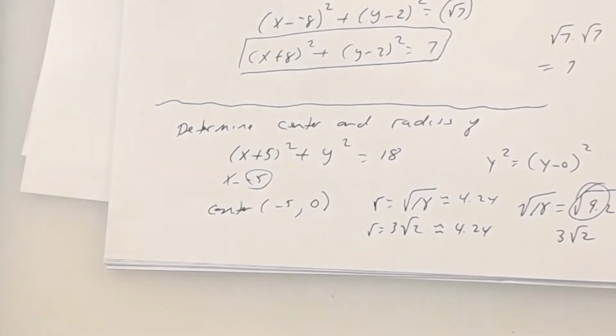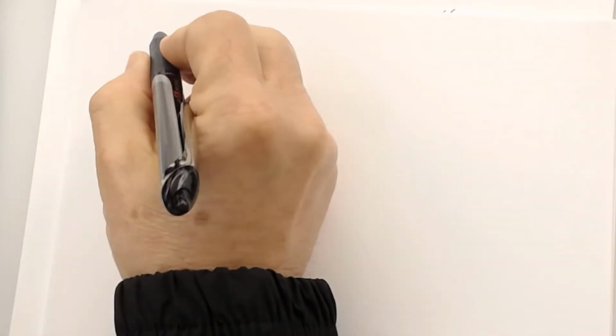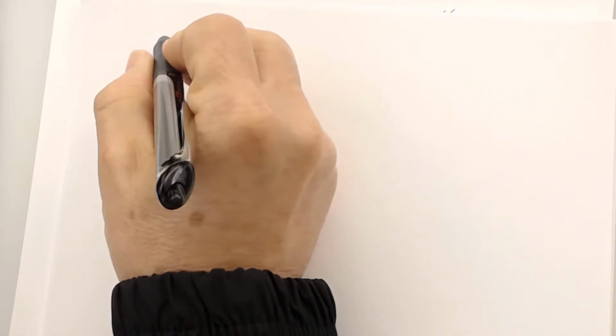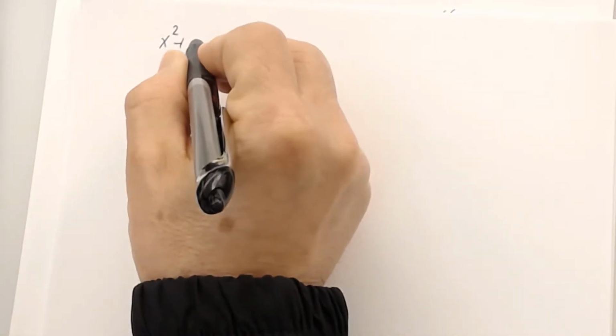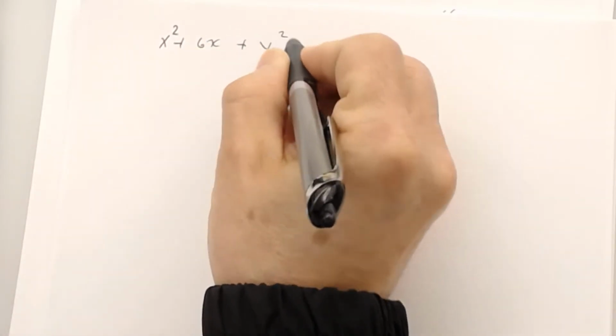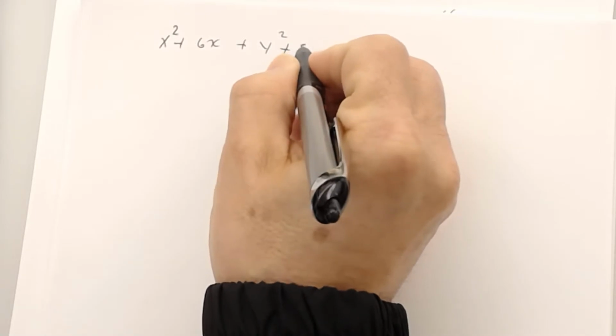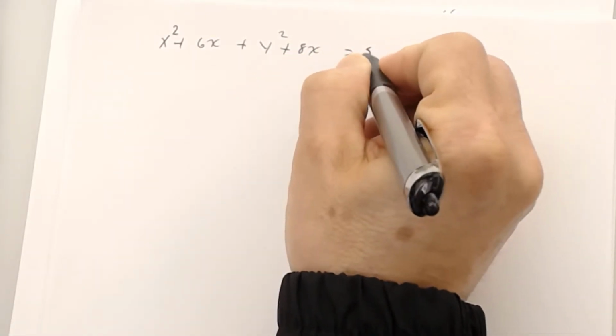Okay, now the new stuff. Let's suppose I had this. All right, listen carefully to this. Suppose I had x squared plus 6x plus y squared plus 8x equals, let's say, 5.